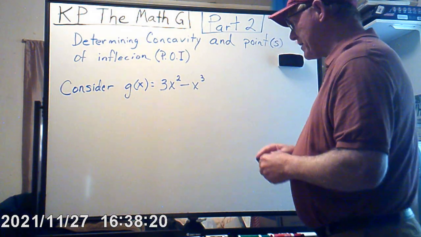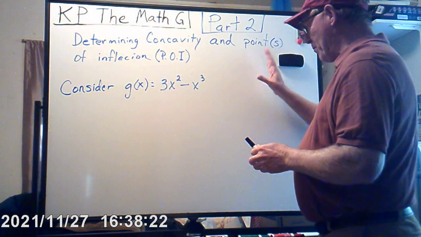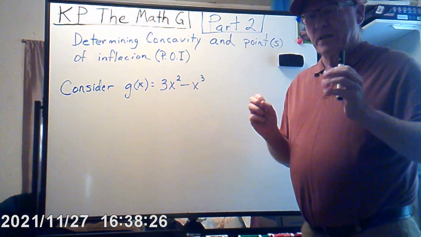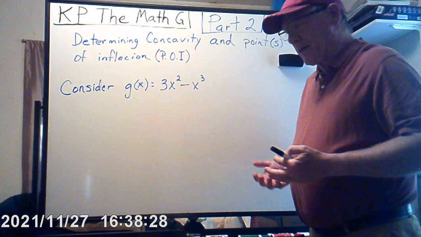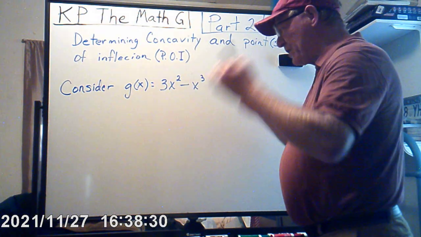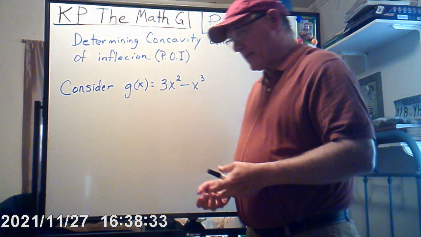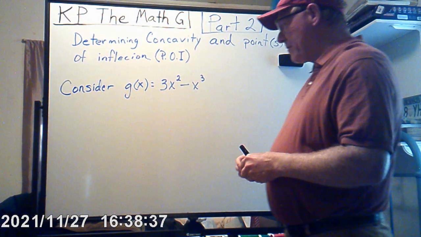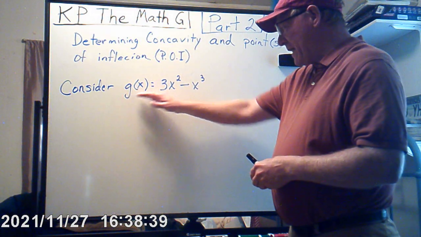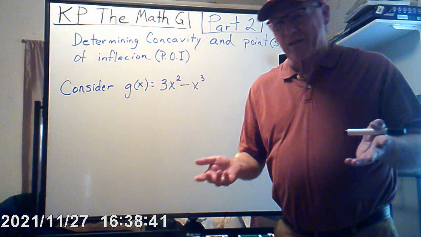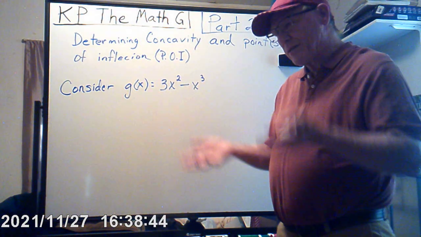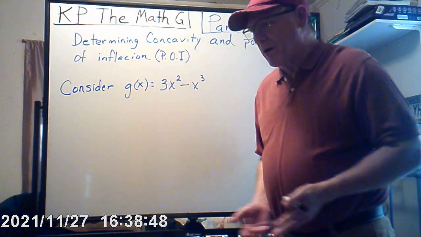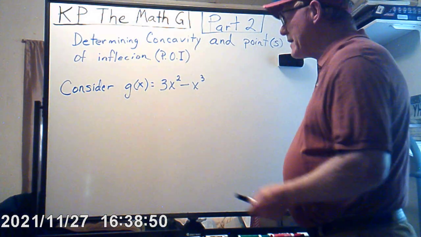In the last lesson, we examined each graph: we graphed g, g prime of x, and g double prime of x. When we graphed g of x, we saw exactly where it's increasing, where it's decreasing, where the concavities are, where the point of inflection is, and so on.